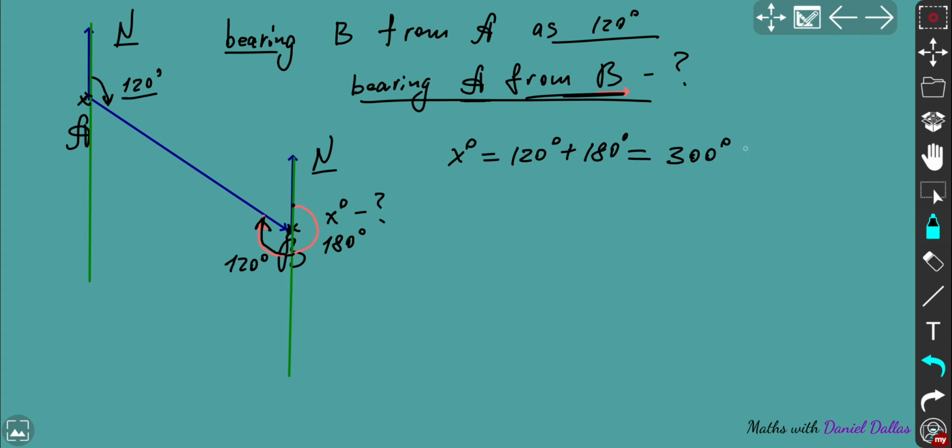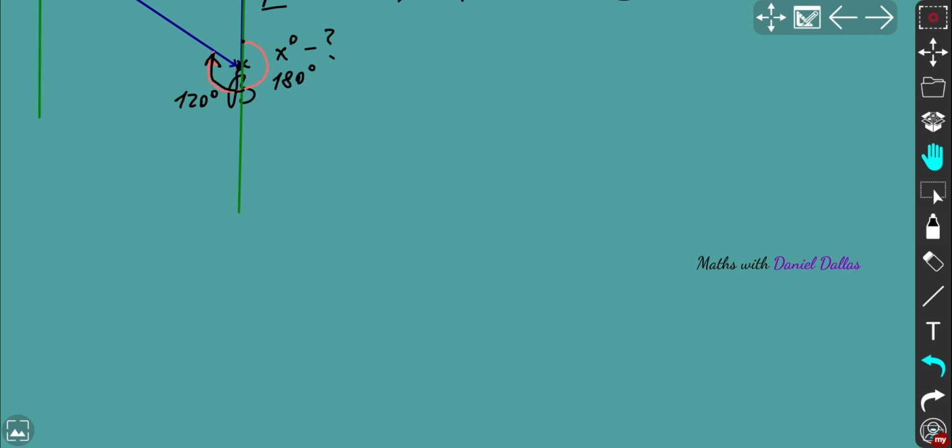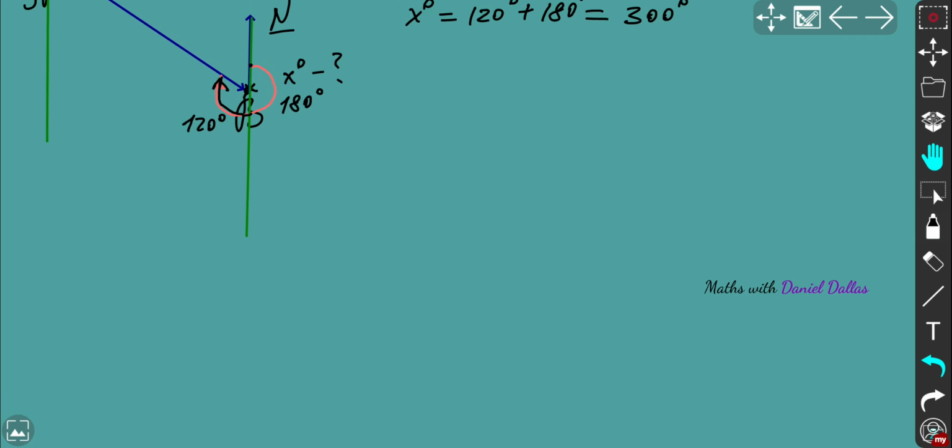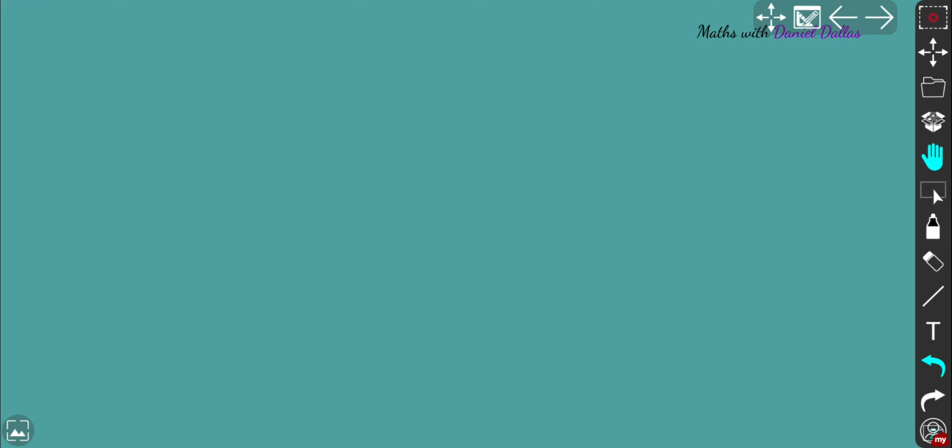So you understand that bearings involve parallel lines and the theorem about alternate angles. If you have a more complicated case, let's say you have a triangle, we can also use triangles. So let's set up a triangle here.